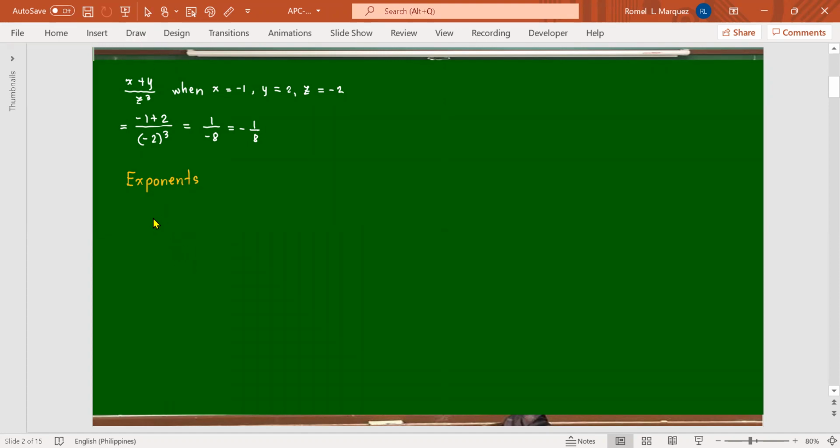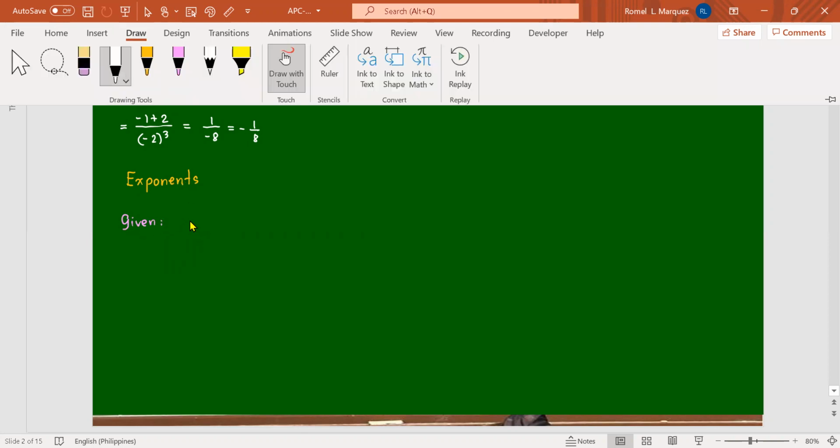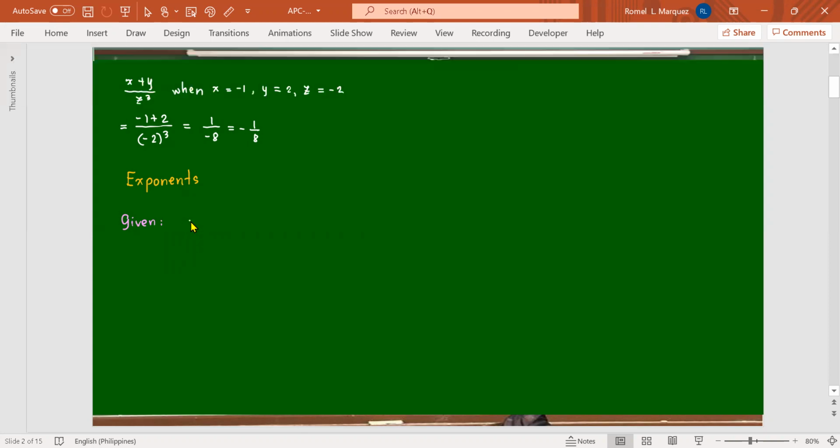If you have, let's say, an expression of the form a to the n, where n for the meantime is an integer, meaning can be positive, can be negative.